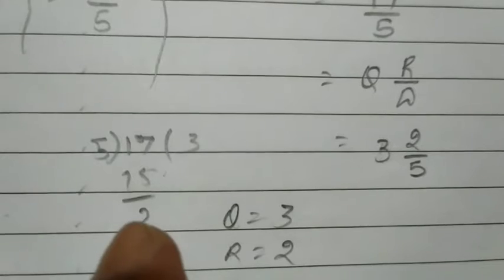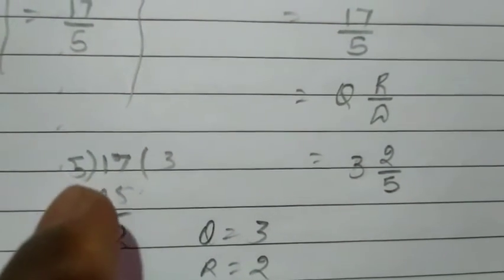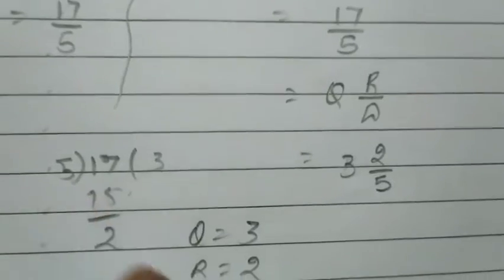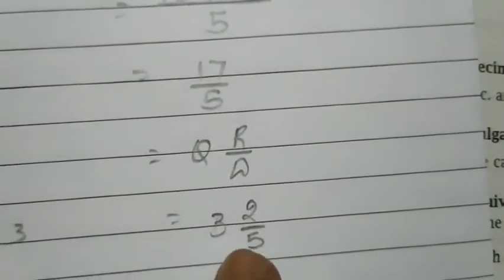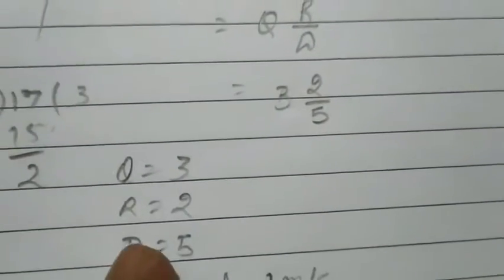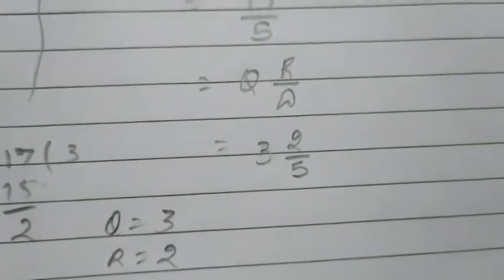Then we get the remainder 2 and quotient 3, and the divisor is already 5, so we just write it. The rule is Q R upon D, quotient remainder upon divisor. So we did the same: quotient, remainder upon divisor, 3 2/5.